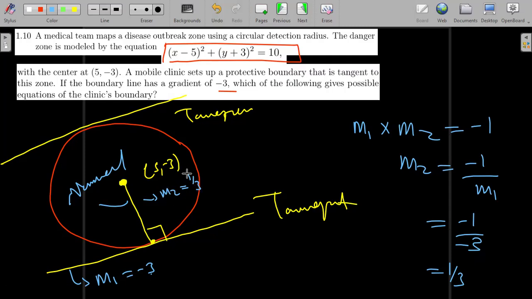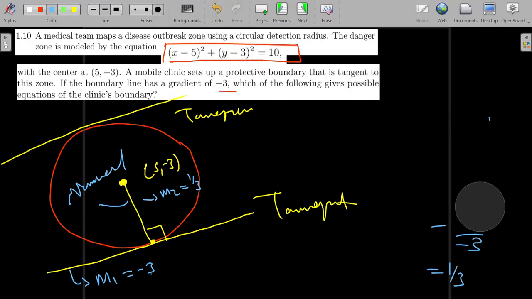Okay, so after we find the gradient of this normal line, then we can find the equation of the normal line. So let's find the equation of this normal line here. Okay, so why are we finding the equation of the normal line? So that we can solve it simultaneously with the equation of the circle, so that we find the points where the tangent will meet this circle.